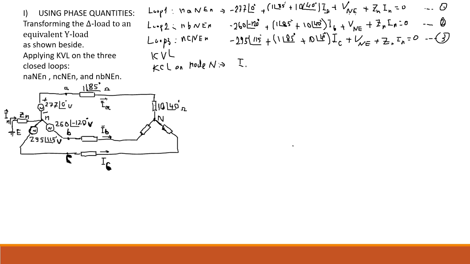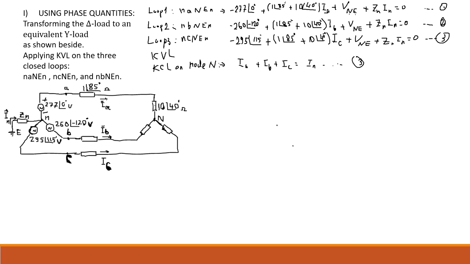So IA plus IB plus IC equals the neutral current, IN.